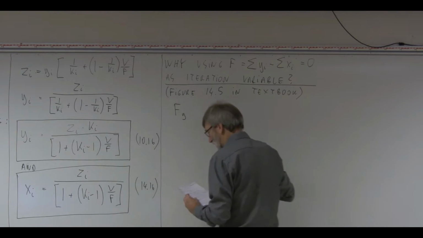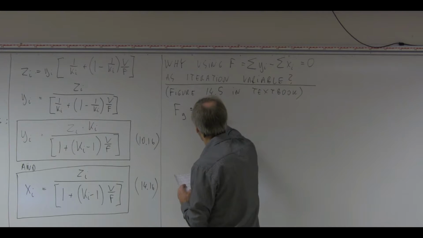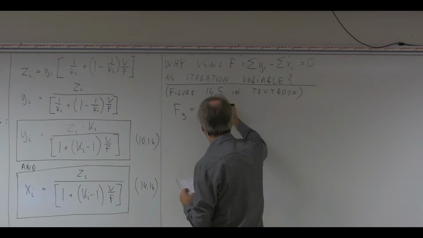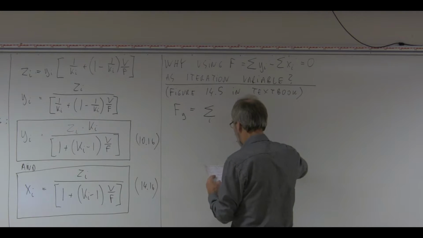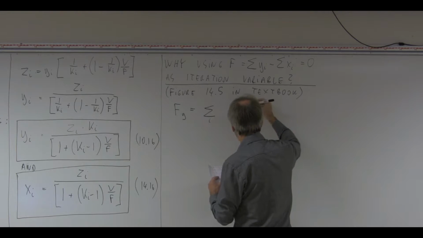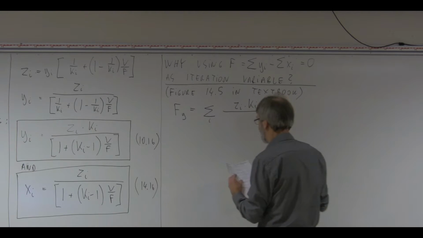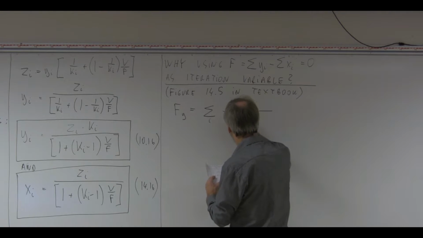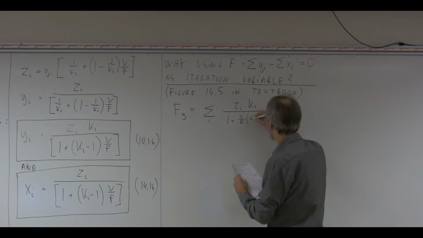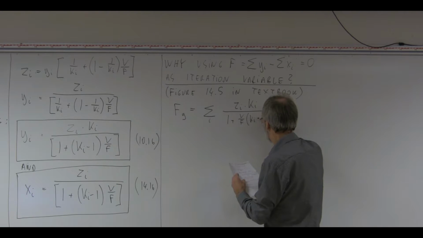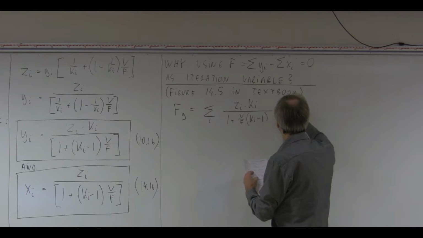We can make an Fy expression which is the sum of all i's of z i K i divided by 1 plus V over F times K i minus 1, minus 1.